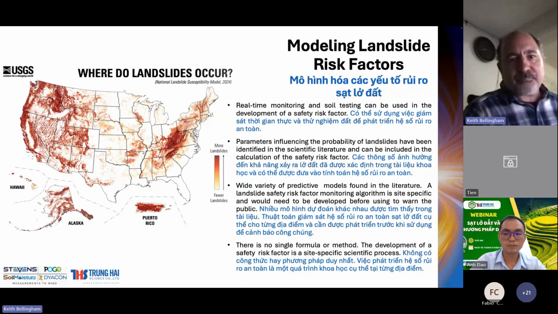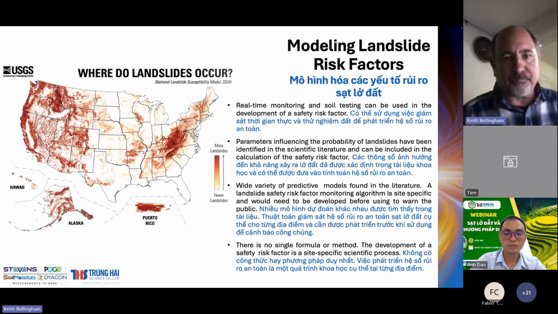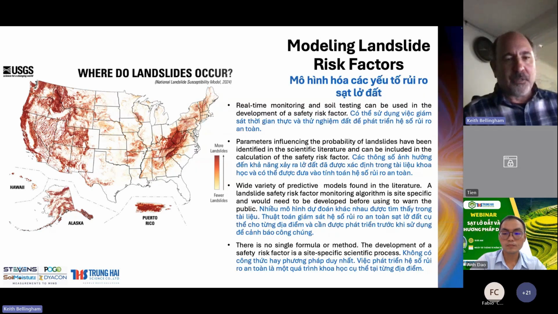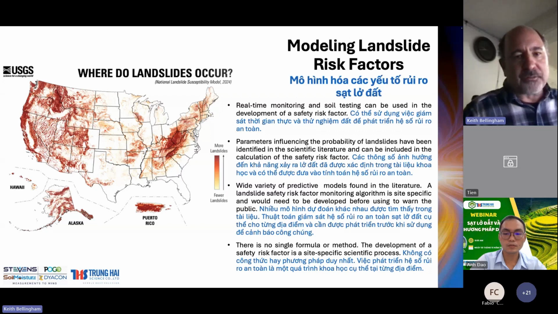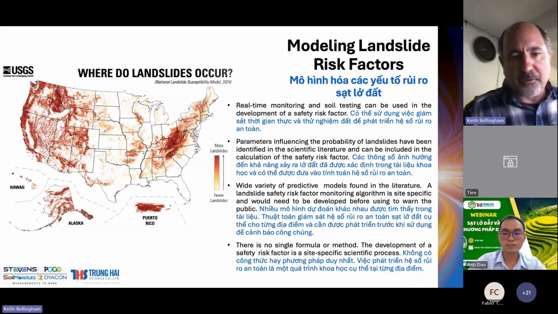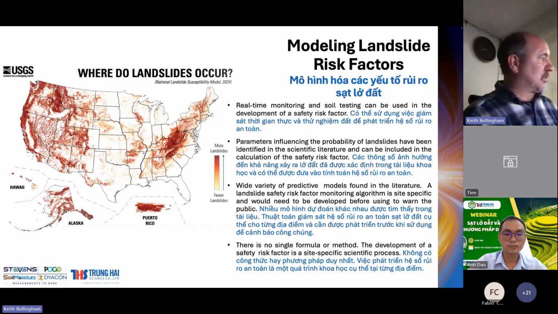A landslide safety risk factor and monitoring algorithm is very site specific, and it would need to be developed before using it to warn the public. I'd also like to point out that there's no single formula or single method for developing a landslide risk factor. It has to be developed scientifically, and it's very site specific.